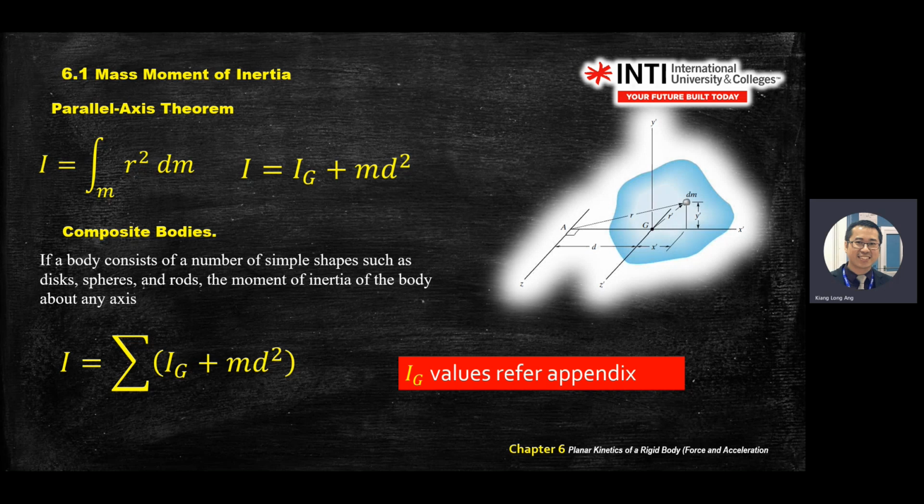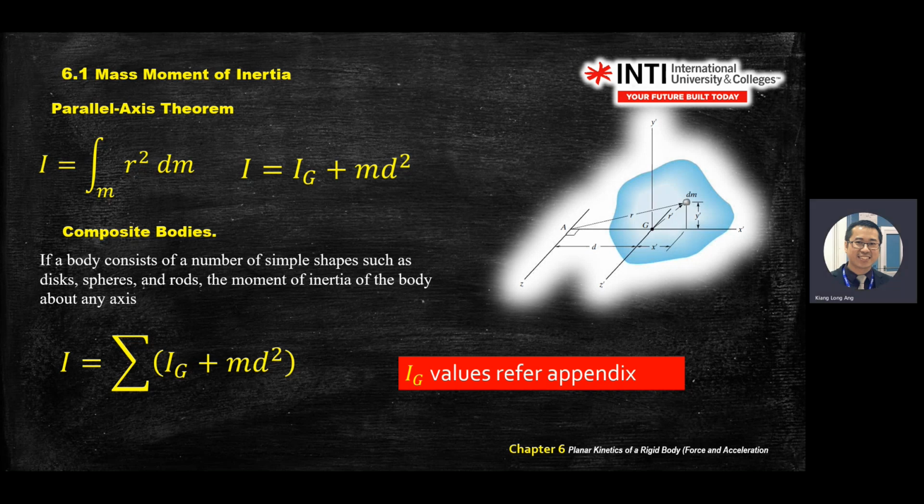What is D inside this table? What do you see? From where? From a reference point. Okay. Now, for example, if you have this body, where's the reference point? Here.